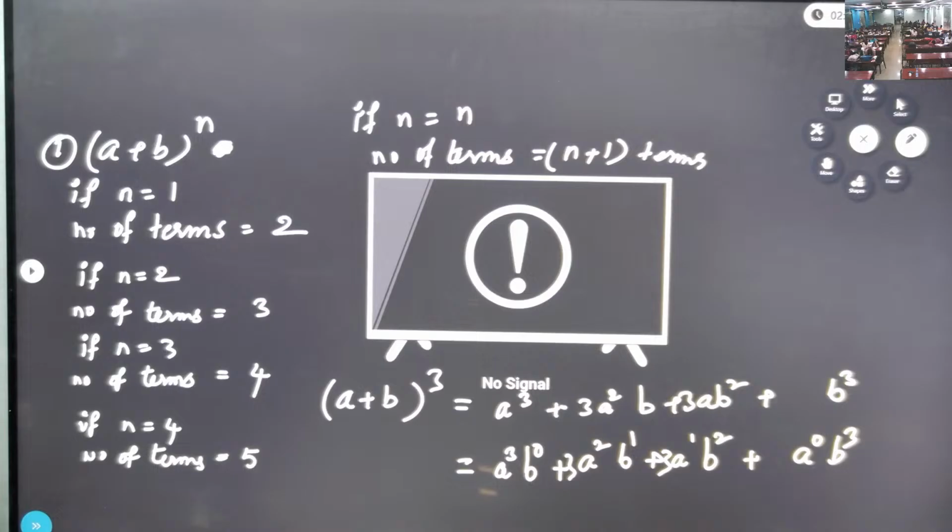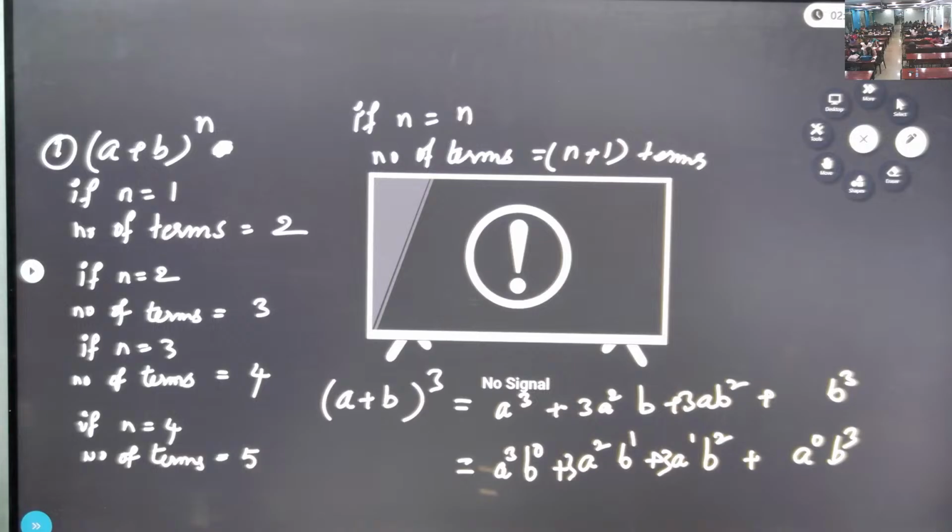That is, starting with A with power n and B with power 0.